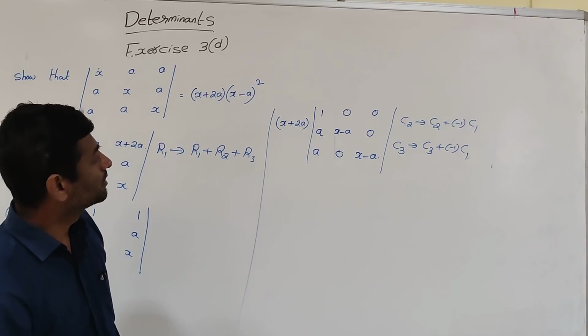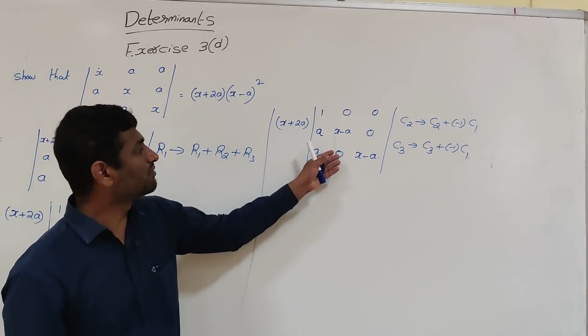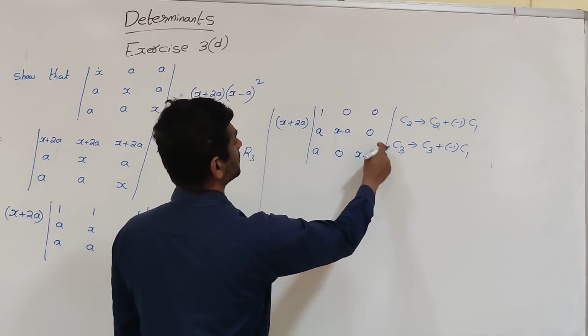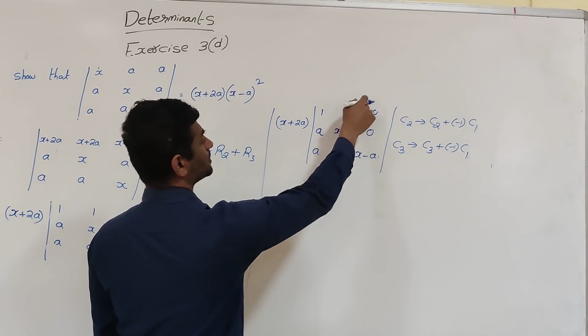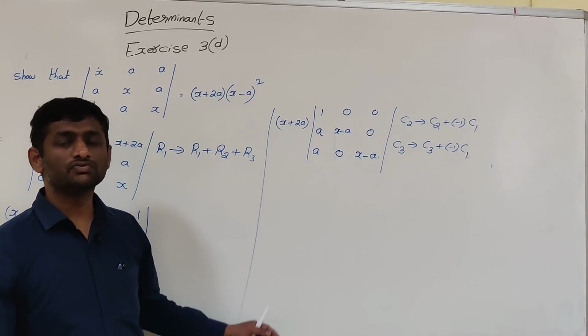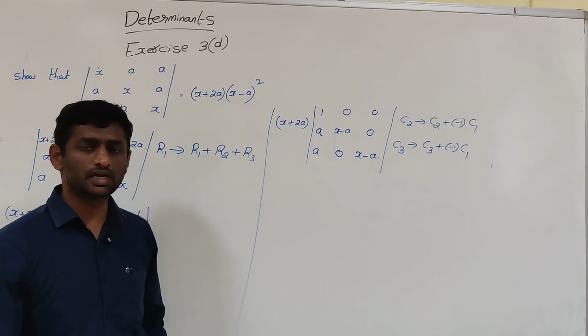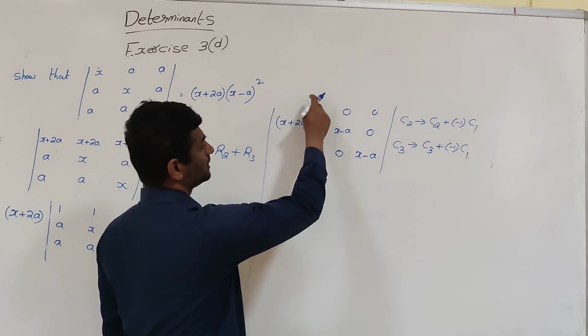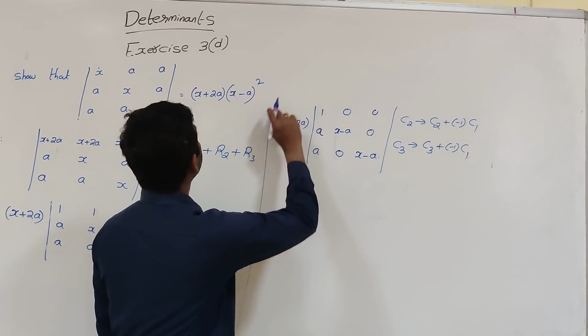Now, what type of matrix is it? A lower triangular matrix, because all the elements above the diagonal are zeros. And it is well known that if it is a lower triangular matrix, then the determinant is the product of the diagonal elements.